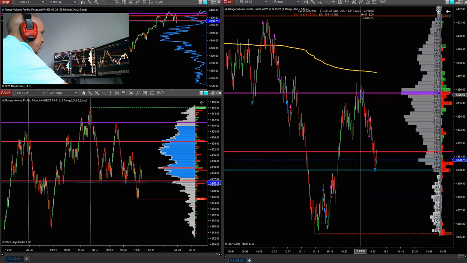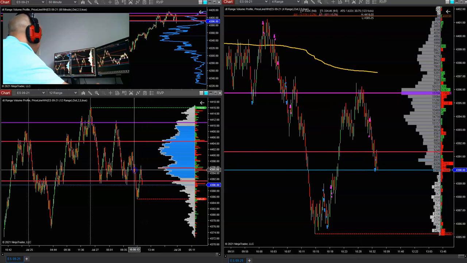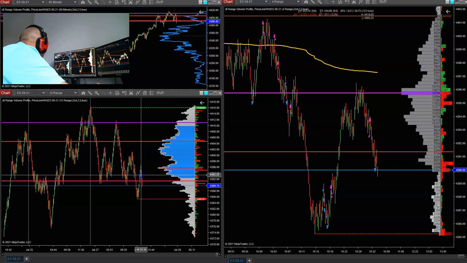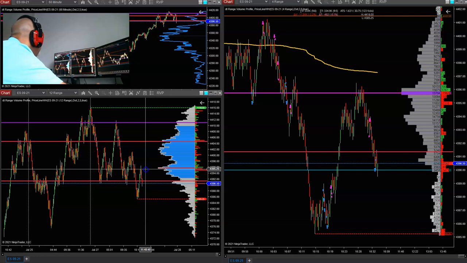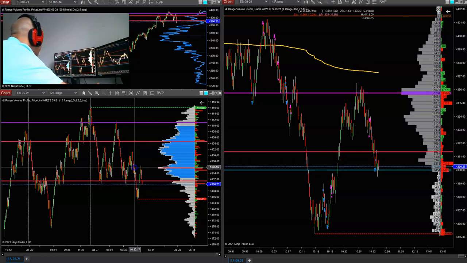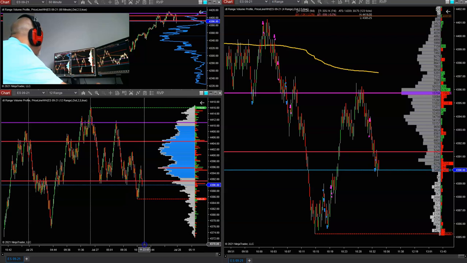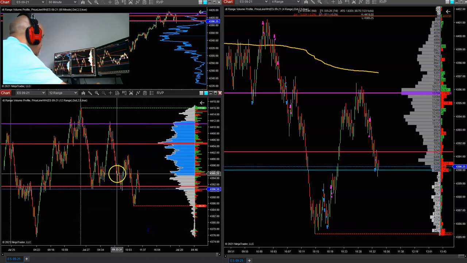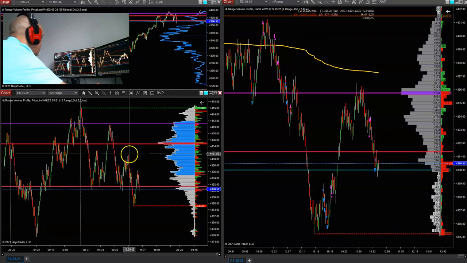So price pushed up, turned back around, and rejected at 43.95. This candle right here was at 43.96, because price pushed up higher, pulled back, and pushed up, making a higher high.